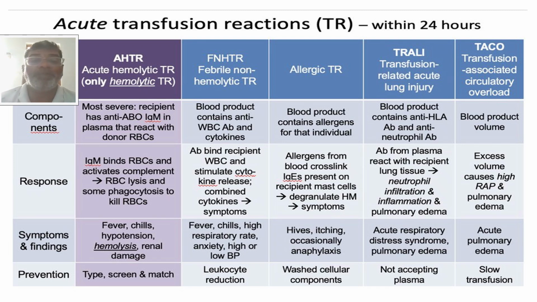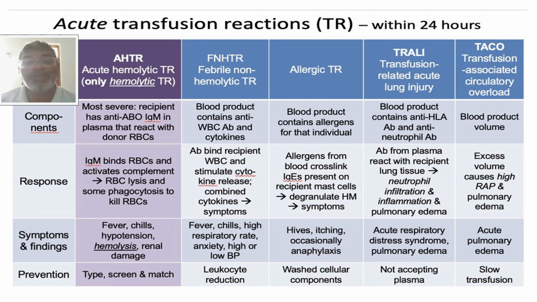Coming to the febrile non-hemolytic transfusion reactions, these are because of the blood product containing anti-WBC antibodies and cytokines. Antibodies bind recipient white blood cells and stimulate the cytokine release. Cytokines will cause the symptoms: fever, chills, high respiratory rate, anxiety, and high or low BP.